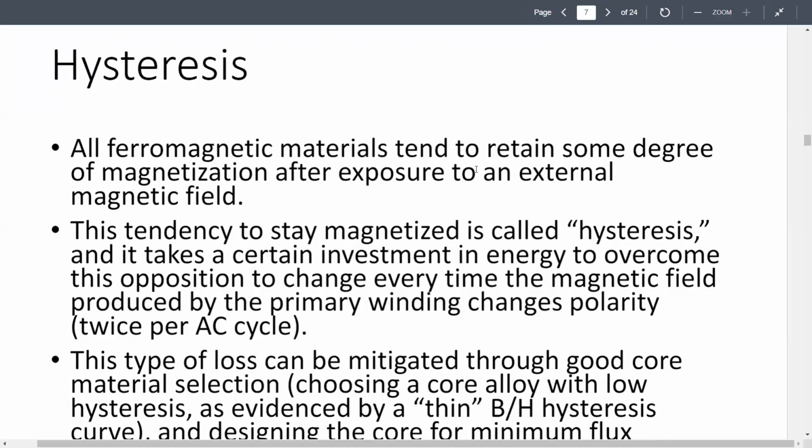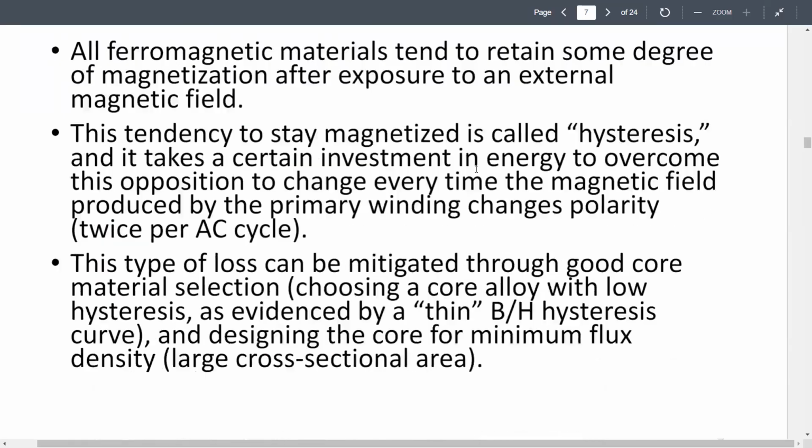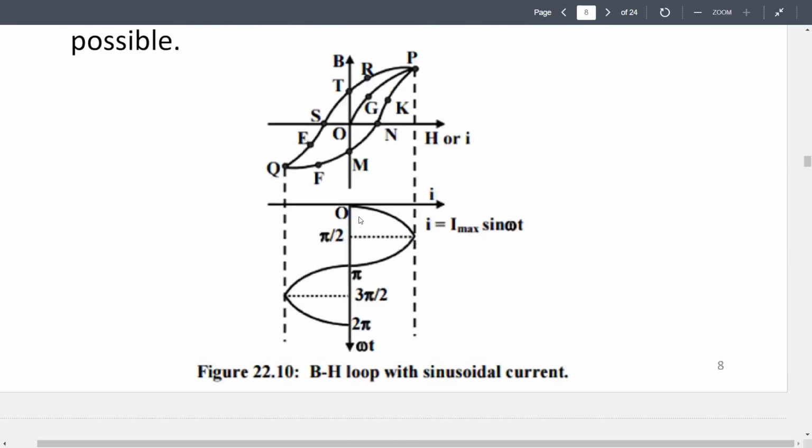This residual magnetism that is left behind creates some problems. For instance, this is an AC signal. When it is on the positive side, the iron material gets magnetized.